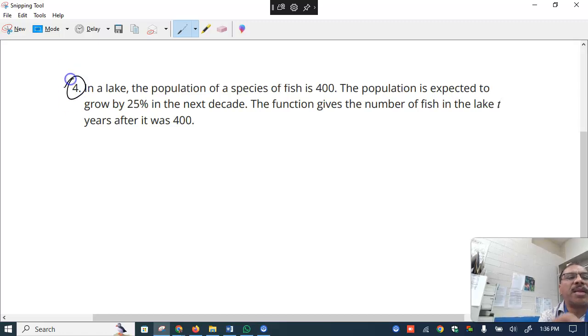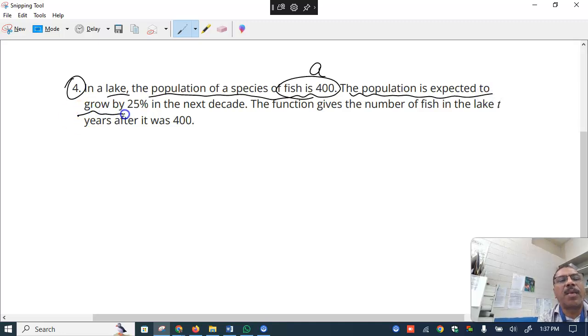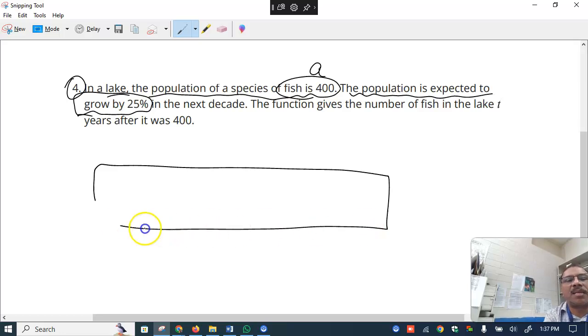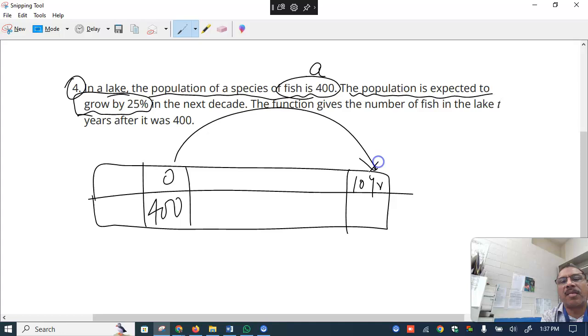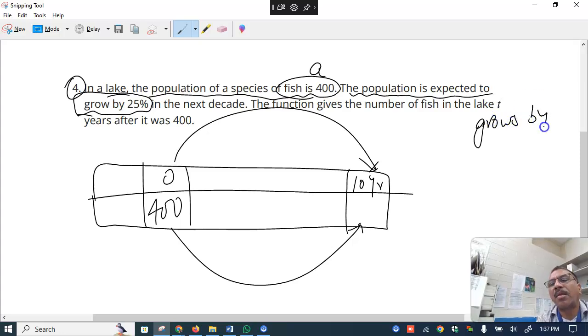So question number 4: in a lake, the population of a species is, so put this as A, there you go, you got the first one correct. The population is expected to grow by 25%. Now, what this means is, if you draw the table, in the beginning it is 400, and in 10 years the population grows by 25%.